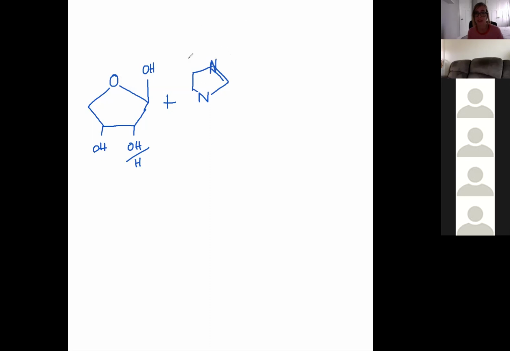Okay, so this honestly is the base. And I'm going to draw it like this. It'll have an NH, okay? Because then this yields this plus.